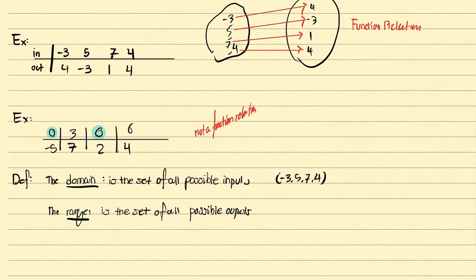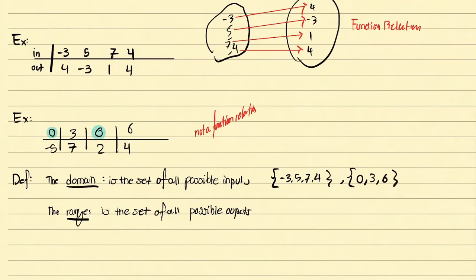And I shouldn't write it like this. I should write it with these curly brackets. These curly brackets mean it's just a collection of elements. It's just a bowl of numbers rather than ordered pairs or intervals. Here's the domain. And down here, the domain is 0, 3, and 6.